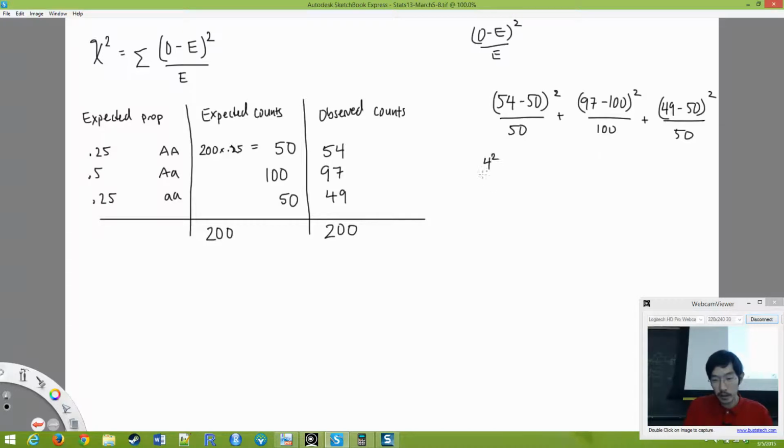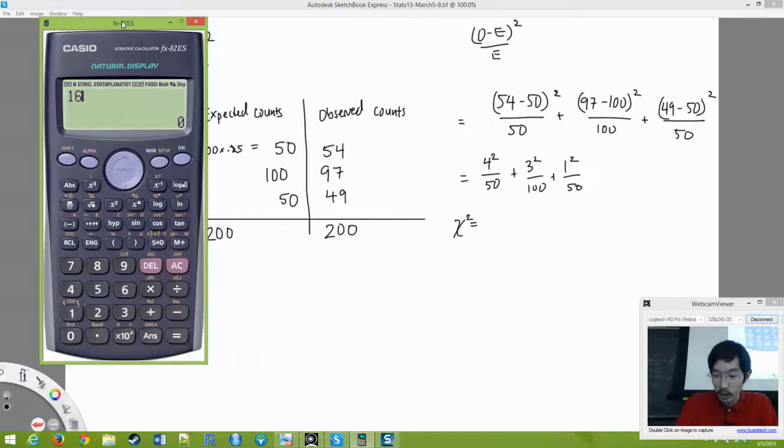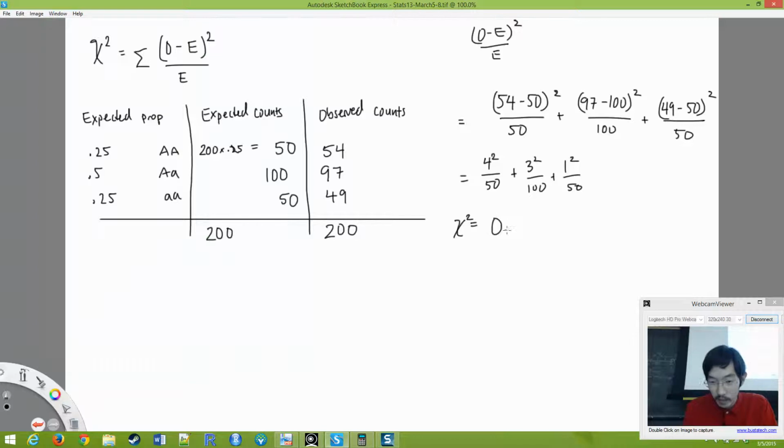So I get 4 squared over 50 plus 3 squared over 100 plus 1 squared over 50. Okay, so 16 over 50 plus 9 over 100 plus 1 over 50. So I get a tiny little number, 0.43. So my chi-squared statistic is 0.43.